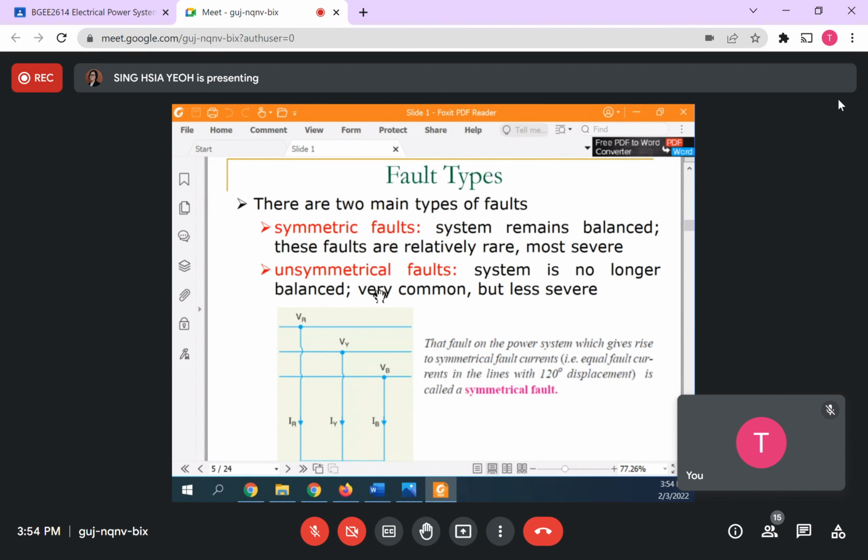In the industry, mostly people will consider calculations for only symmetrical faults. Unsymmetrical faults, normally people won't care about the calculation. Can you tell me why?